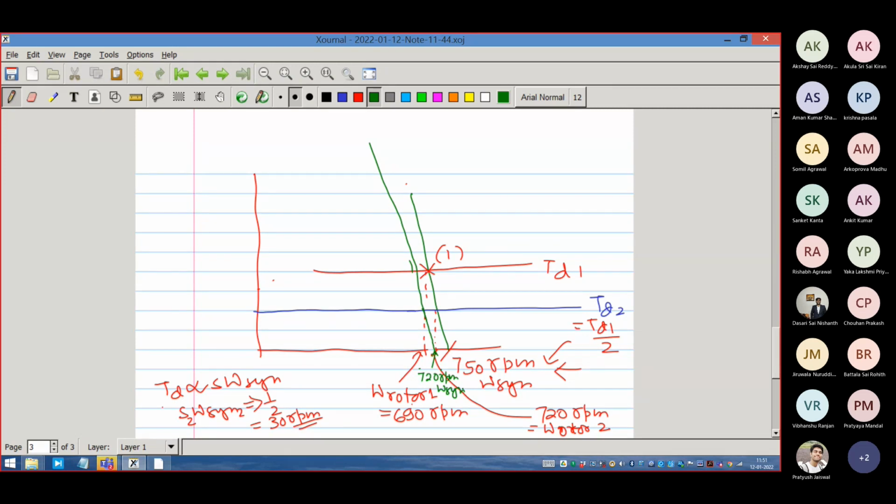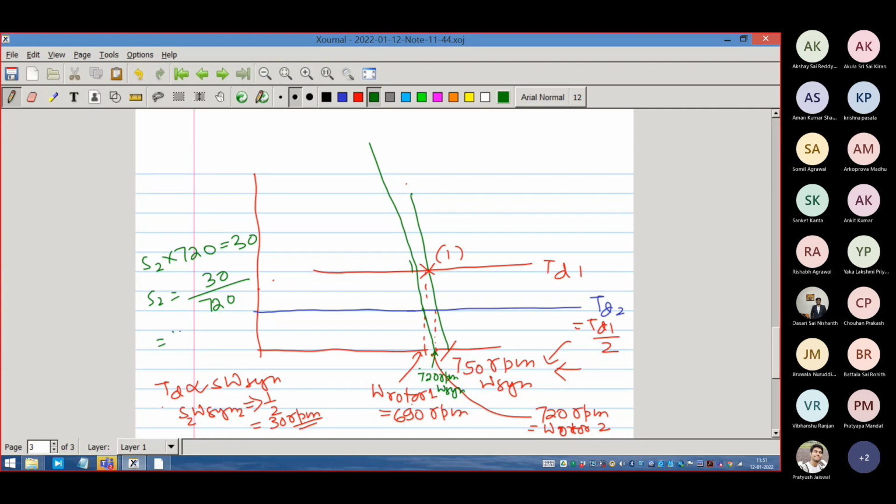If I want to calculate, S2 into 720 is equal to 30. So S2 is 30 divided by 720.